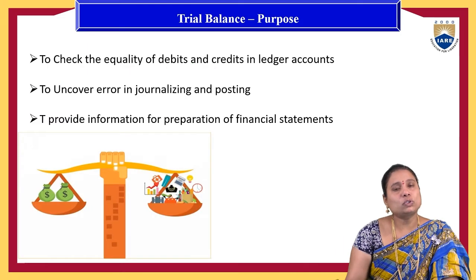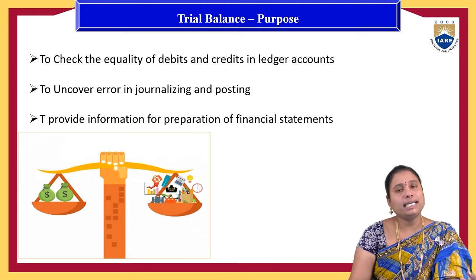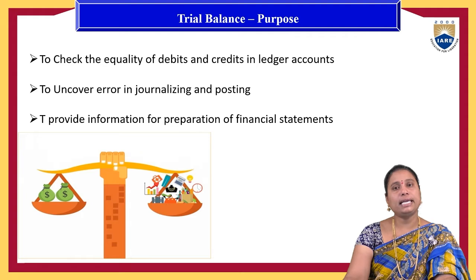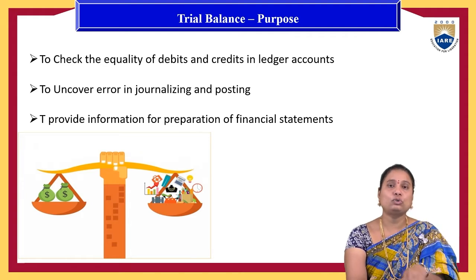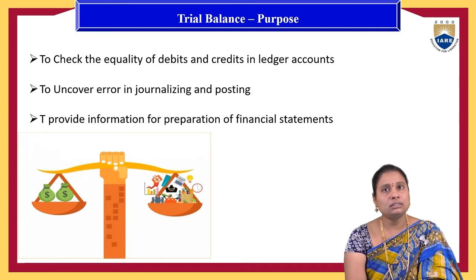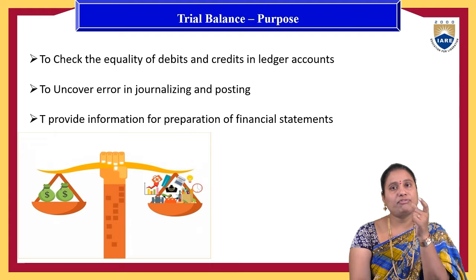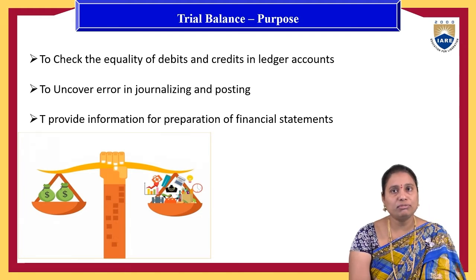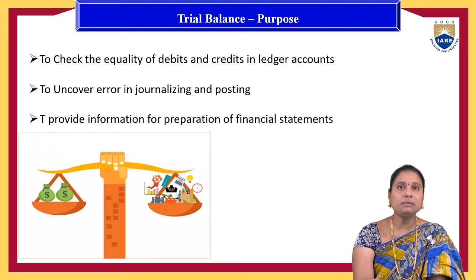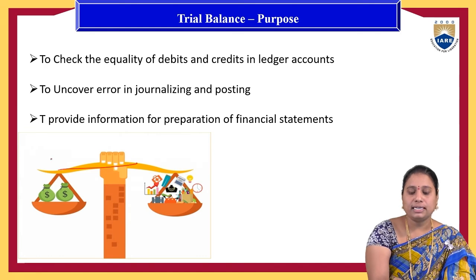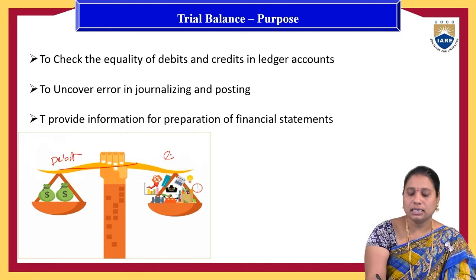The purpose of the trial balance is to check the equality of the debit and credit balances in the ledger account, and any uncovered or missed transactions in the journals can be posted under the adjusted trial balance. And the T form provides the information for preparation of these financial statements, that is debits as well as credits.